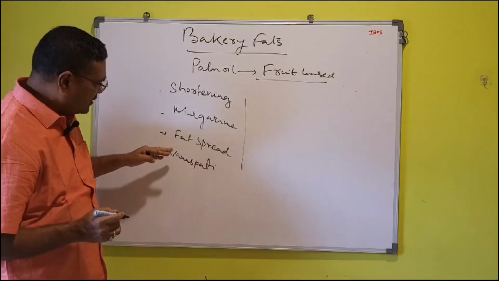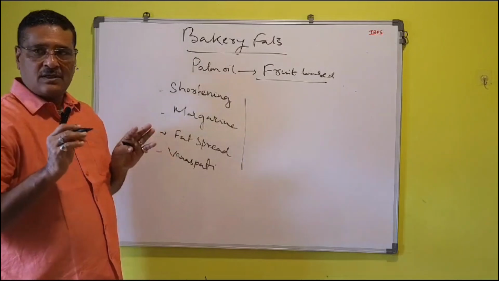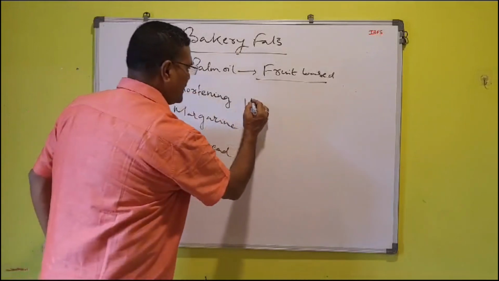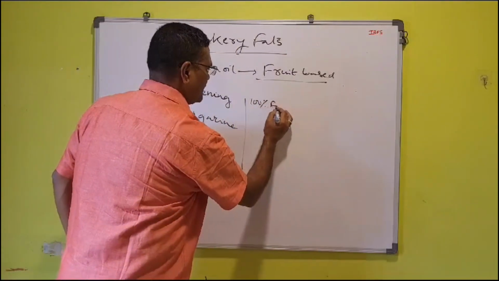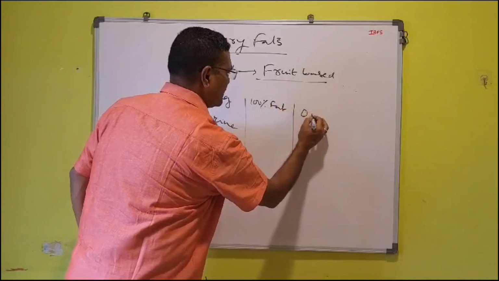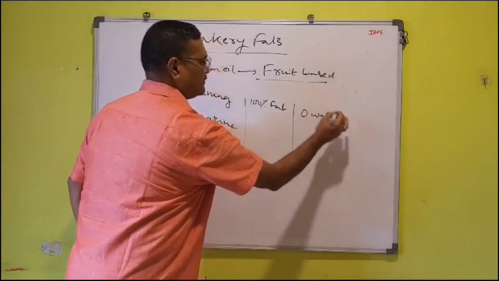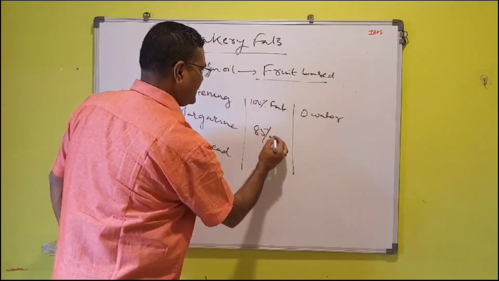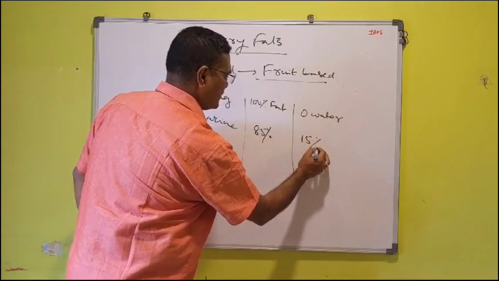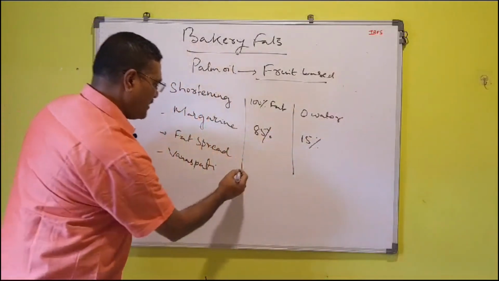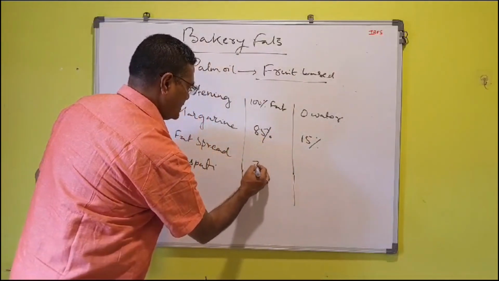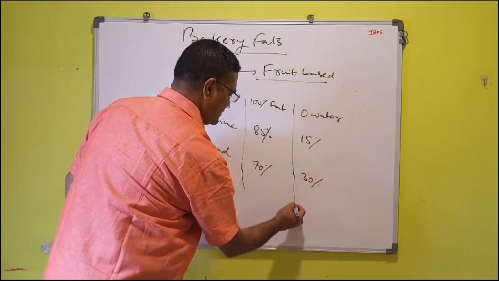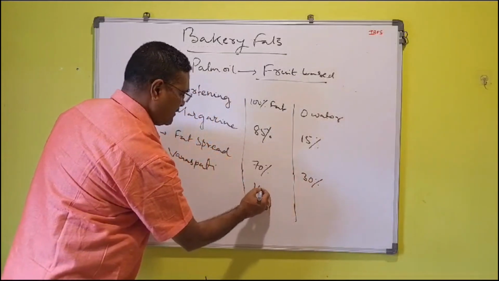These four formats are used in the bakery industry for different applications. A shortening is 100% fat and zero water. A margarine is 85% fat and 15% water. A fat spread is 70% fat and 30% moisture. A vanaspati is again 100% fat.